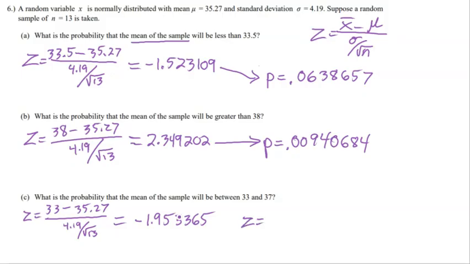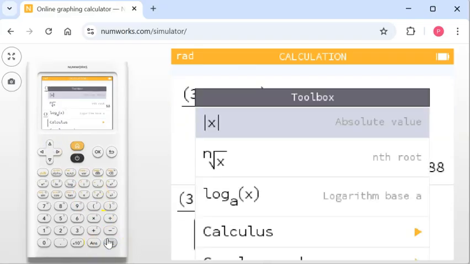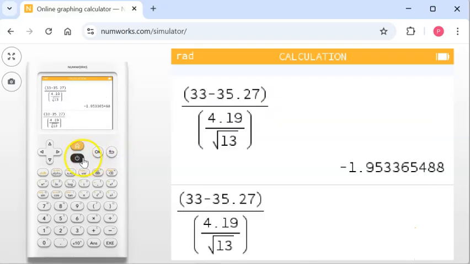So z is equal to 37 minus 35.27 divided by 4.19 over the square root of 13. Go to the calculator again, and now we can again grab the same calculation. But we're going to change the 33 now to a 37.